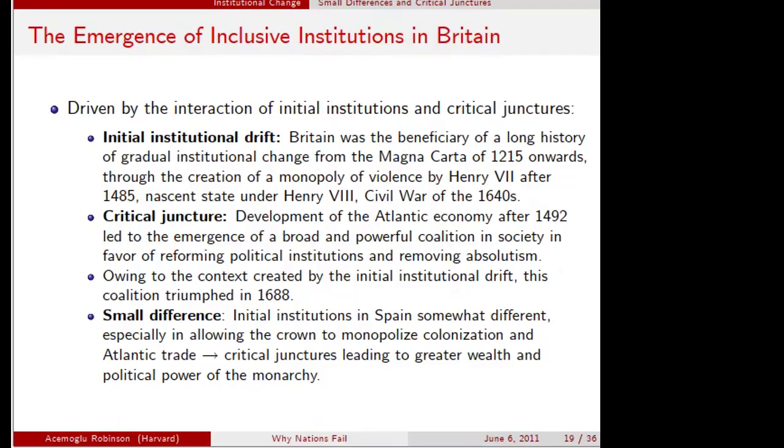So the critical juncture is the Atlantic trade after 1492. All of this institutional drift set the stage. Then came the critical juncture, the development of the Atlantic economy after the Columbus voyages in 1492.